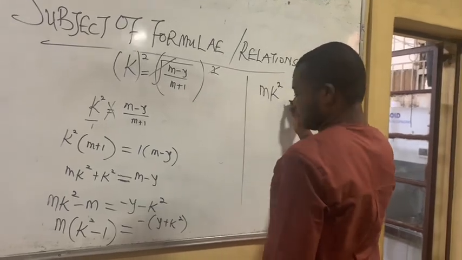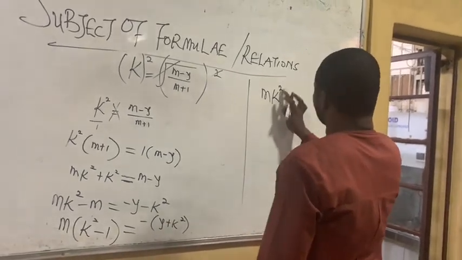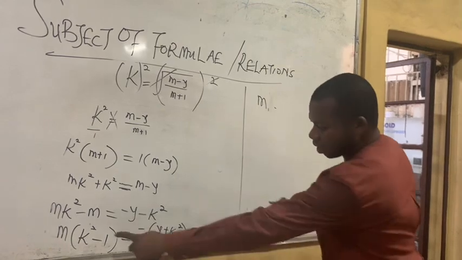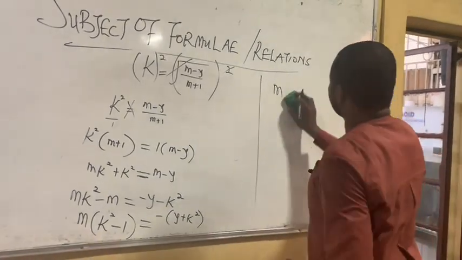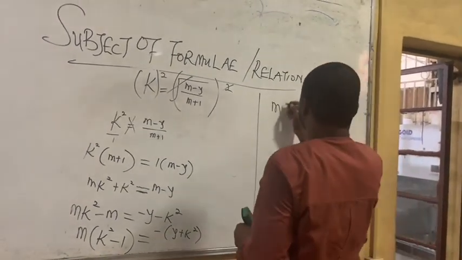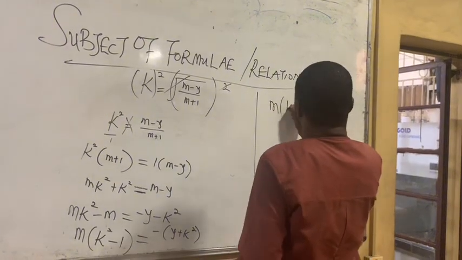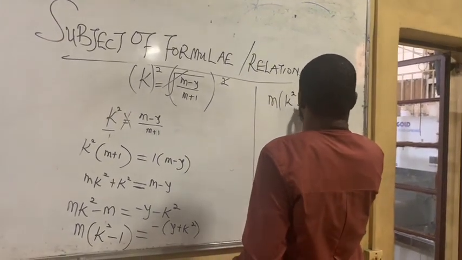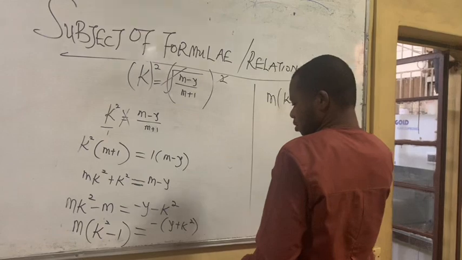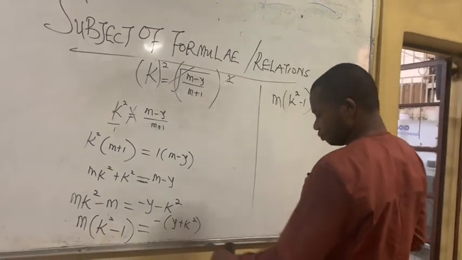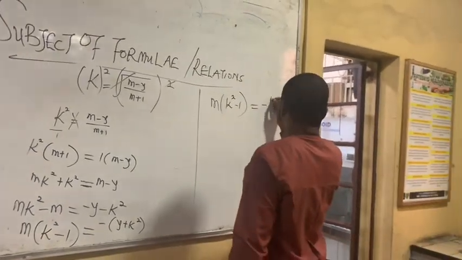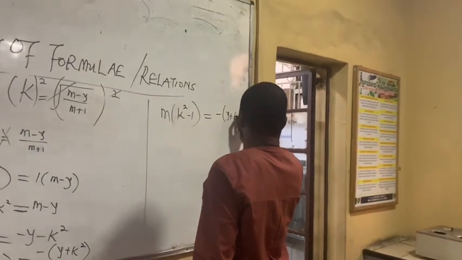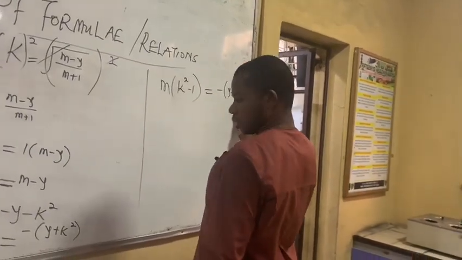Sorry, m into bracket, this is what we're having. M into bracket k squared minus 1 is equals to minus y plus k squared.